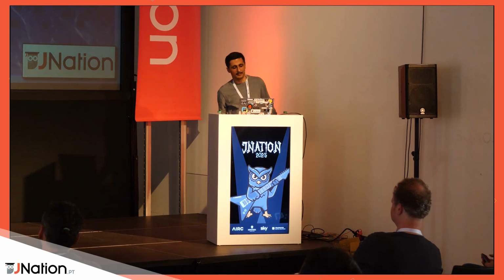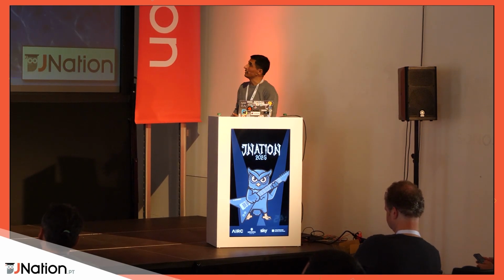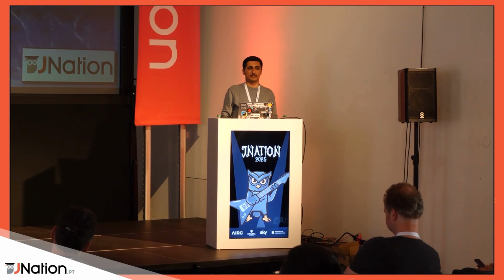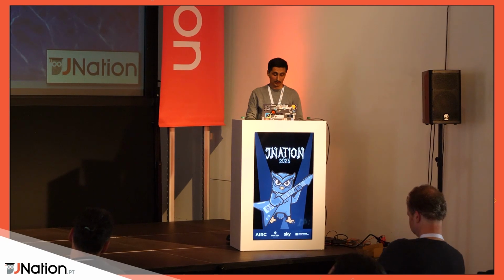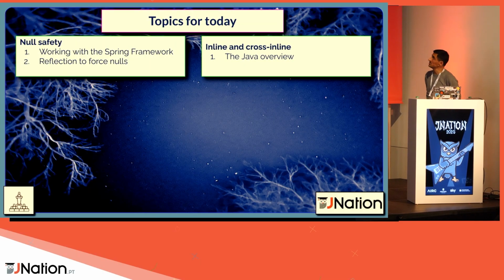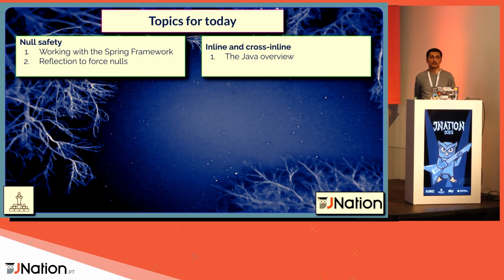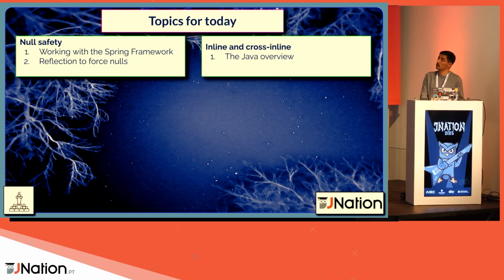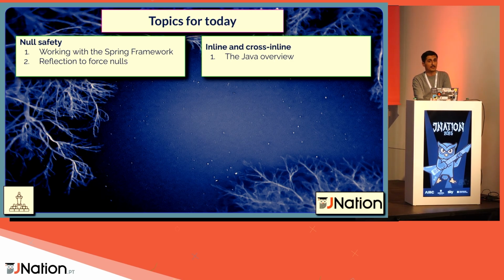Okay, so we're going to talk about null safety and how that affects the way we work with the Spring framework. Then we are going to have a look at inline and crossinline. What does that mean and how can we visualize that in Java? And what conclusions can we take from that and how can that be useful for us?